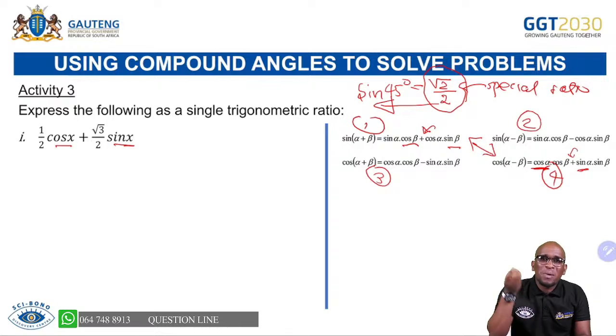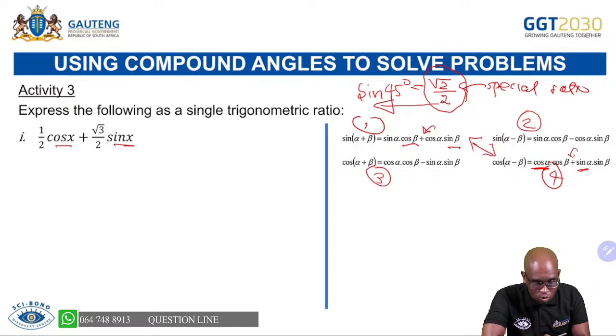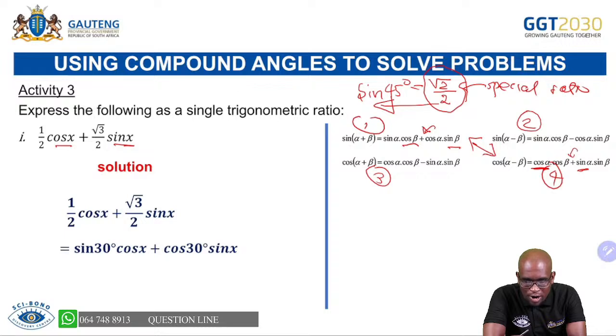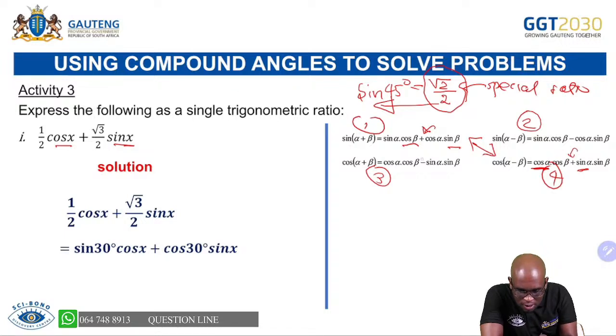You are going to make a choice which one you choose. Let's see which one I chose here. Here I chose equation 1. If it's equation 1, what is the aim? Because I know I have a cos already, it means I will express this half as the sine.